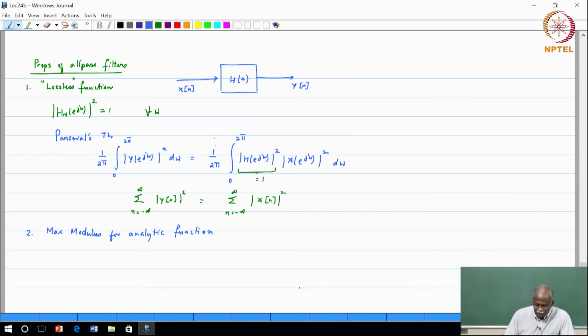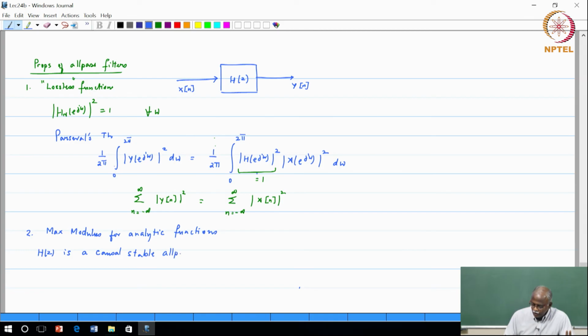Okay. Now, if h of z is a causal stable all pass, that means there are no positive powers of z, and all the poles are inside the unit circle.